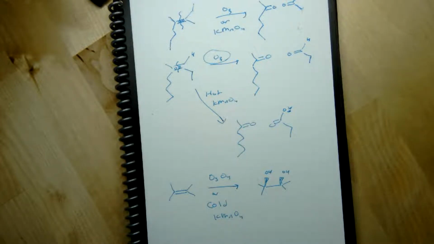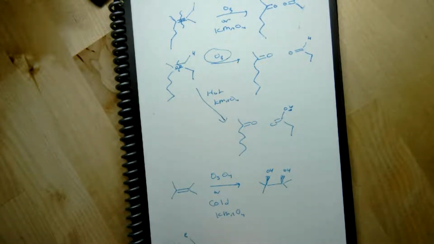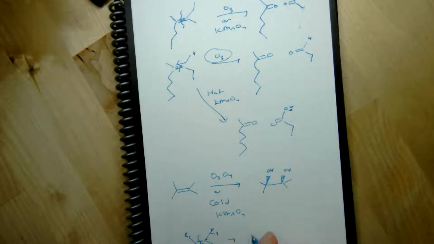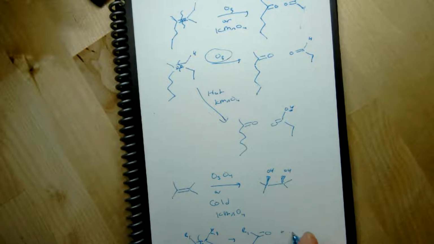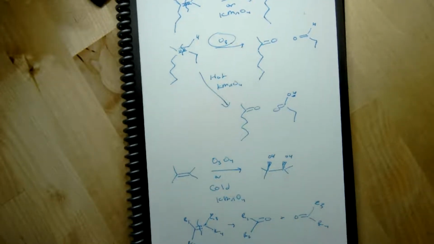Any other questions y'all have for me? If R double bond R plus O3, yes, exactly. That's what you need to know. Any kind of R groups, double bonded, it will cleave and turn into, so say this is R1, R2, R3, R4, it'll turn into R1, R2 plus R3, R4, and these are unchanged.